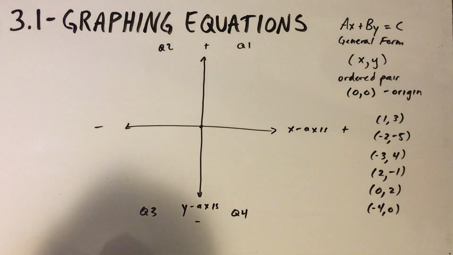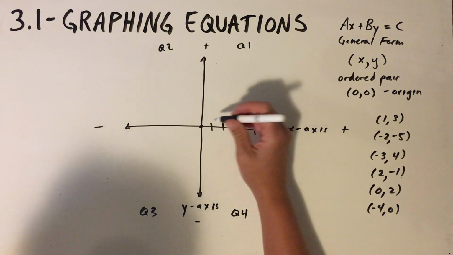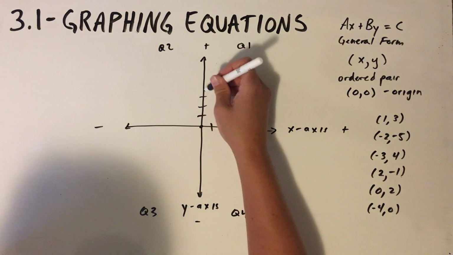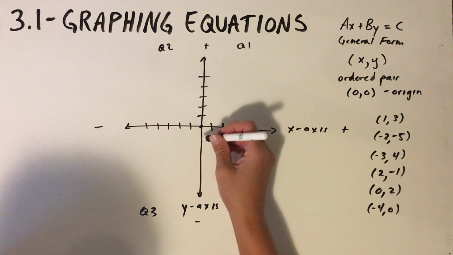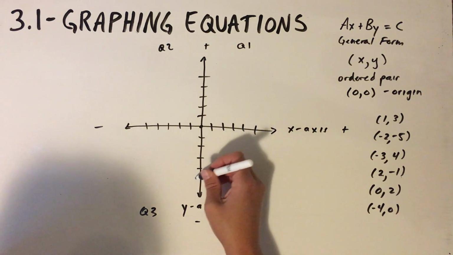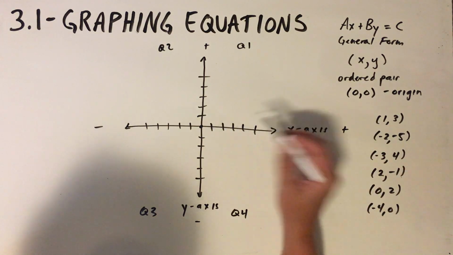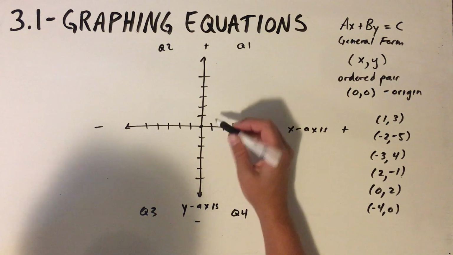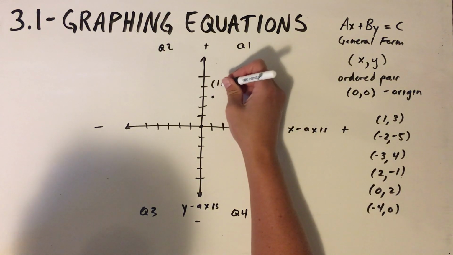We're going to plot all these points on this XY coordinate system. This 1, 3 says that we're going to move 1 to the right in the x direction and up 3. So this point here is the point 1, 3.